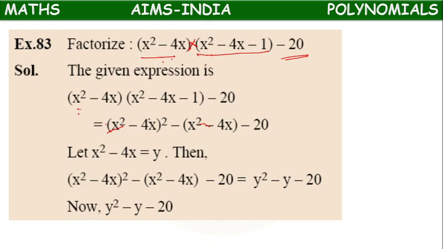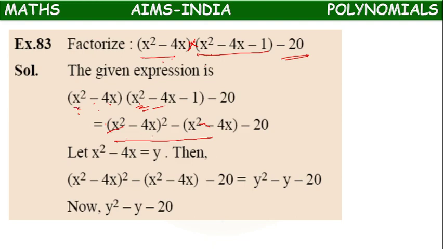So here directly they have taken x square minus 4x whole square.